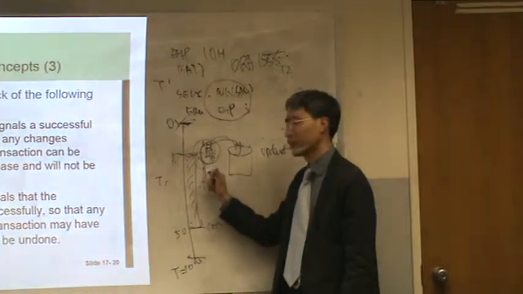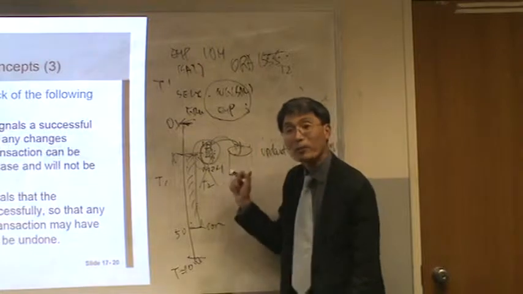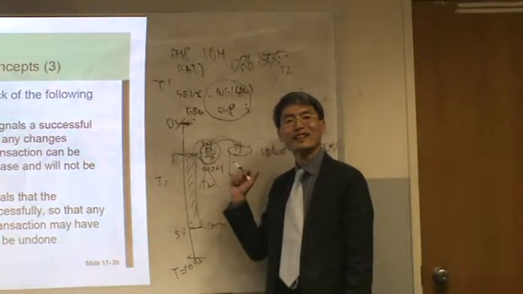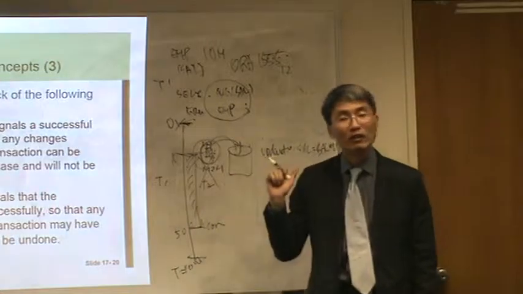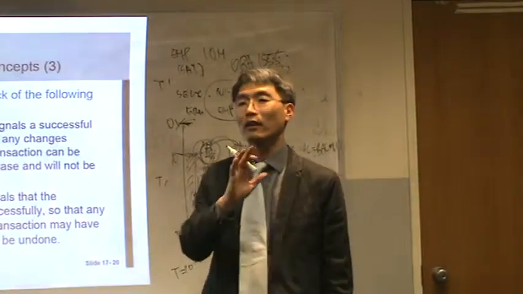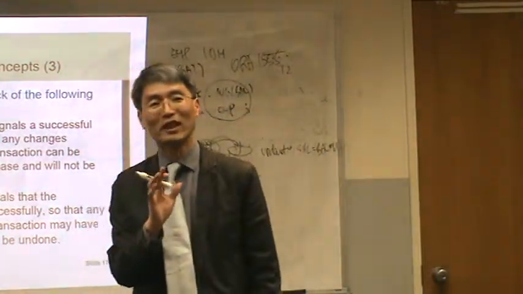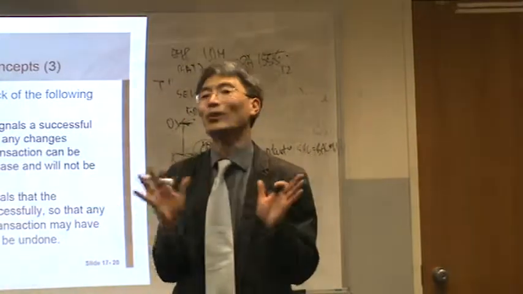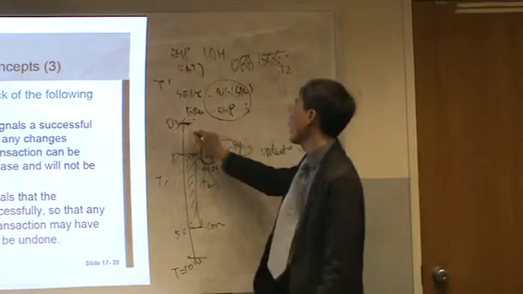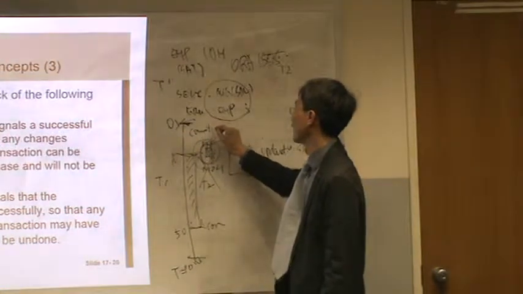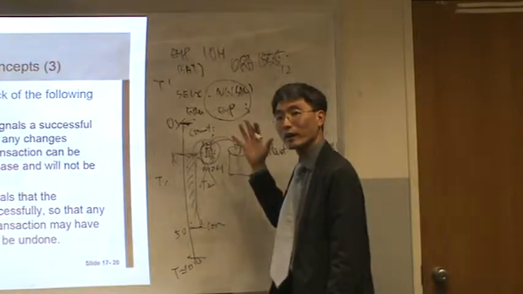This is the memory. What is the memory? Most memory is volatile. Volatile means no power, no data. So what if you commit? It should be applied permanently.